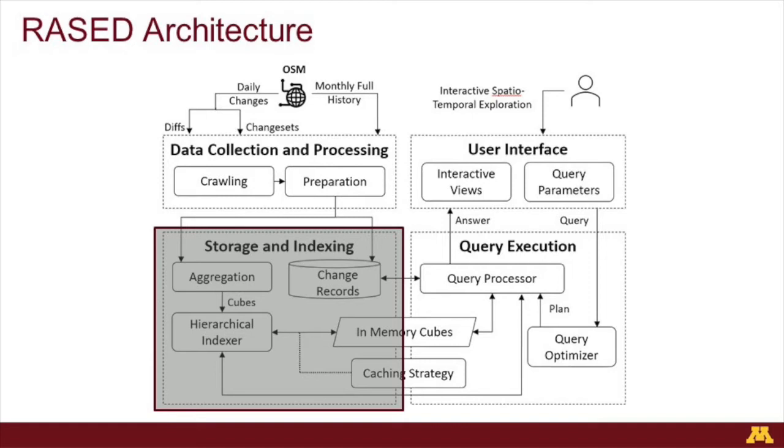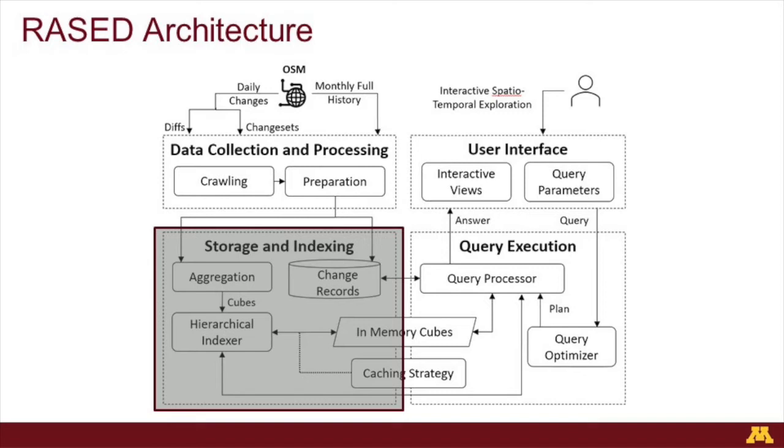This aggregation process produces around 500,000 new values every day in the form of a data cube. This generates a large number of data cubes, and therefore there is a need for an efficient retrieval of these cubes to make RASED analysis interactive enough for its users.